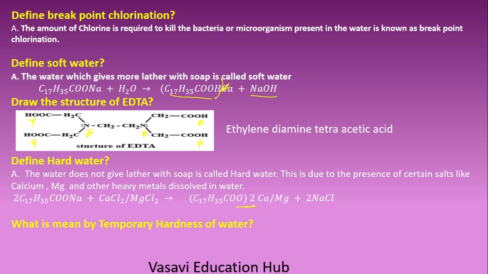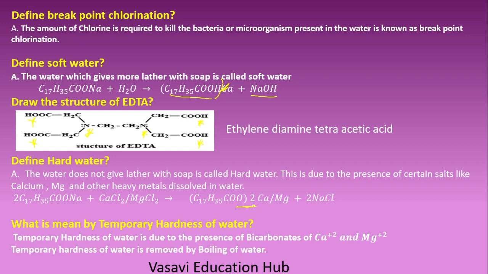Next, what is meant by temporary hardness of water? Temporary hardness of water is due to the presence of bicarbonates of calcium and magnesium salts. Temporary hardness of water is removed by boiling. Clear, students? And we will also discuss permanent hardness. The permanent hardness of water is due to the presence of chlorides and sulfates of calcium and magnesium.